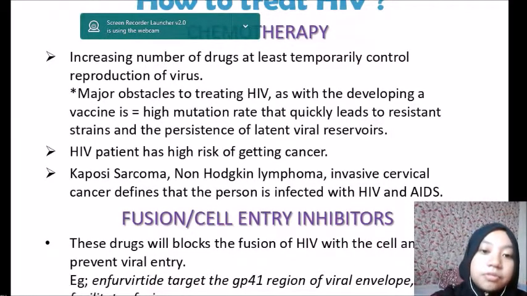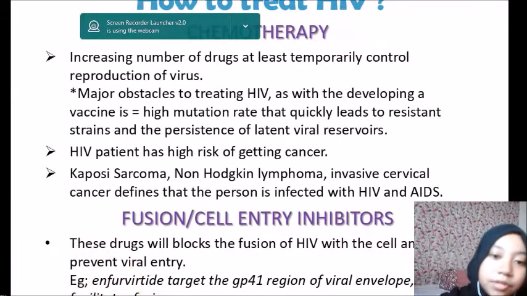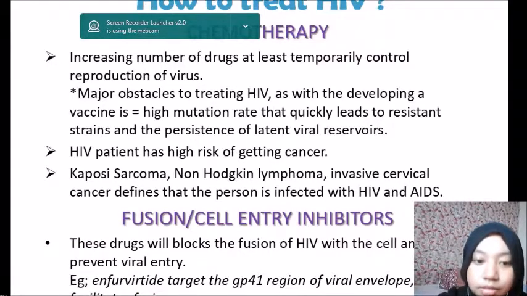When GP41 is exposed and the conformational changes occur, it brings the virus and the cell membrane together and fusion occurs, and then the virion can be released into the cell.